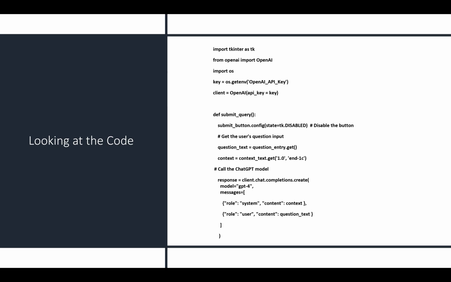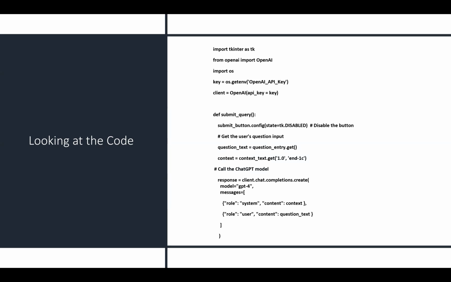We import os because I'm using it to get my OpenAI key from my operating system environment. I could hard code the key into my code, but for security reasons, that's not preferred. So ideally, you'll use a set command if you're in Windows to set your key to a variable, and then you can retrieve that within your code. No one has access to my API key within my code.